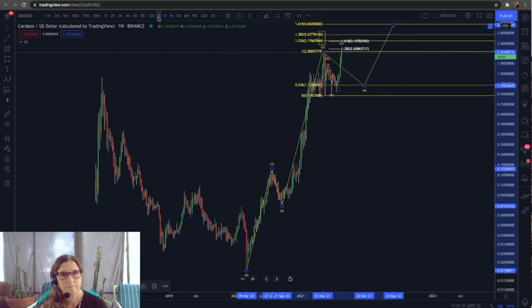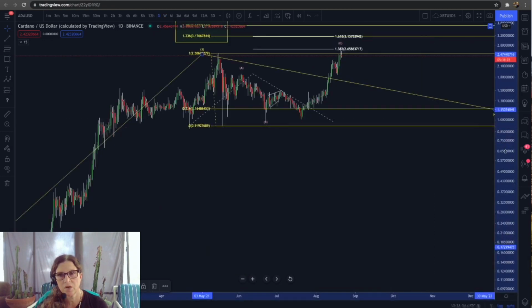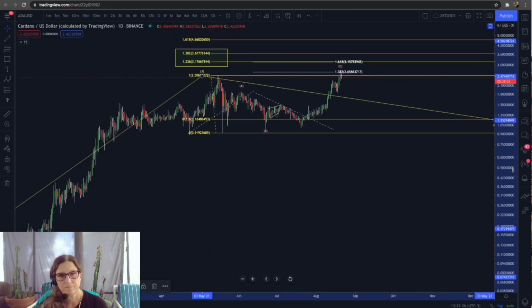Now, what you need to watch out for on ADA is this being an A, a B, and a C, just like Bitcoin. Now it's broke its high. So a lot of people probably think that this is a 1, a 2, a 3, 4, 5, and you're on your way for the 5th. Okay. This is what we call the expanded B pocket.